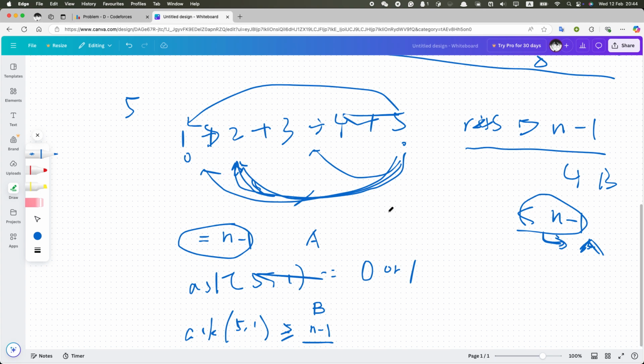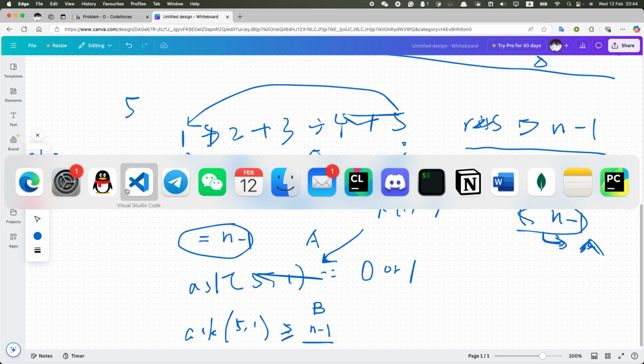The first query is asking 1 to 5, and the second query is asking 5 and 1, and we can know the answer eventually. So that is my code.